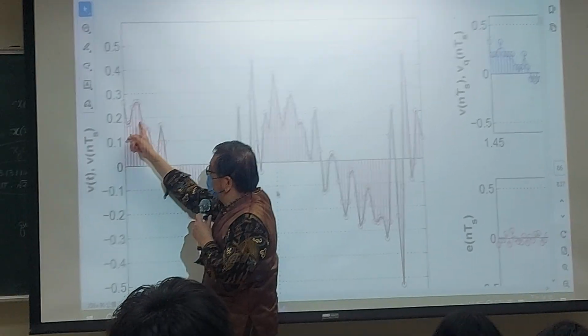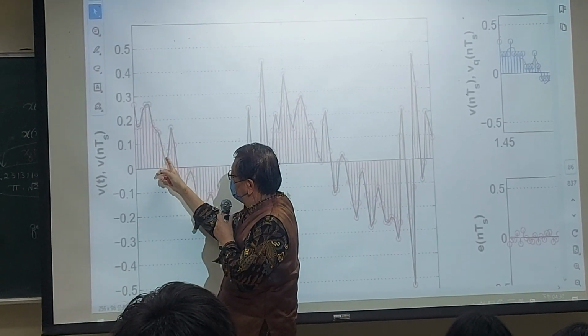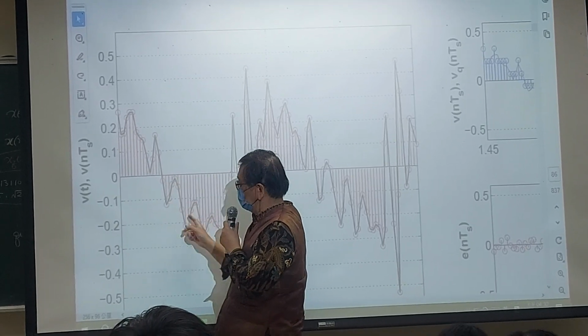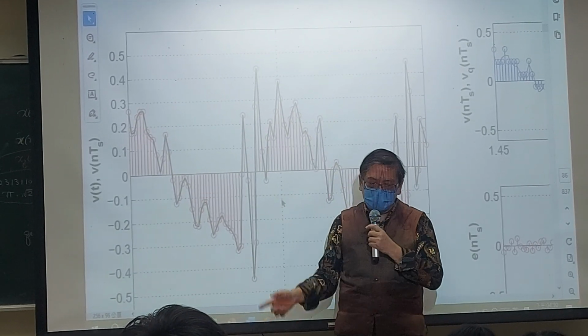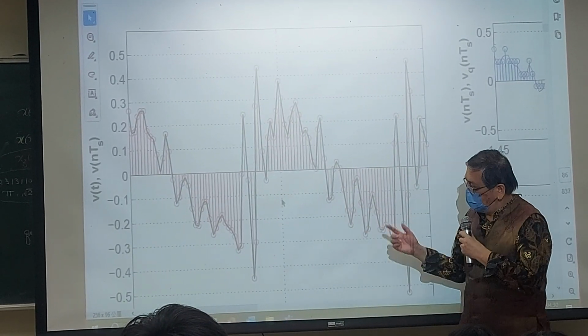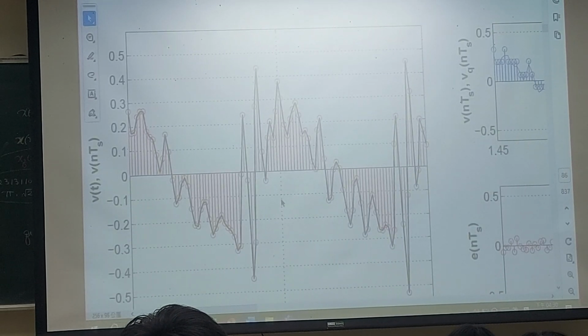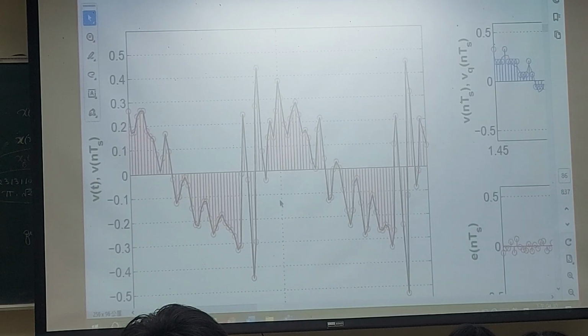Those circles are the measurements taken at every sampling time, every Ts. The Ts can be maybe 0.001 second, 10 to the negative 3 seconds, depending on your application. But that's the sampled signal.